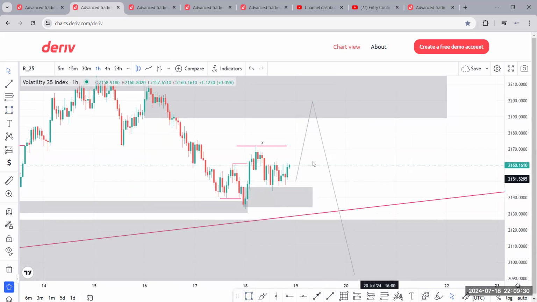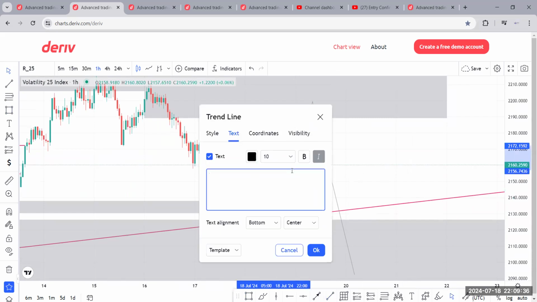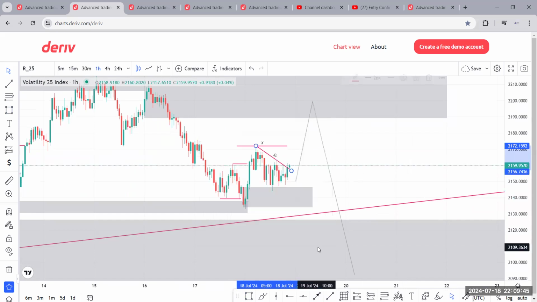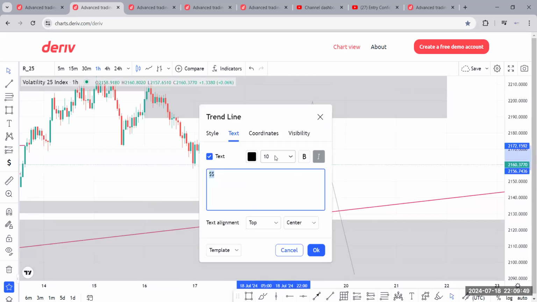All right. And as price returns into that, we have these highs that failed, failure swings, which is a liquidity point for price to target. So we have this liquidity point for price to target.